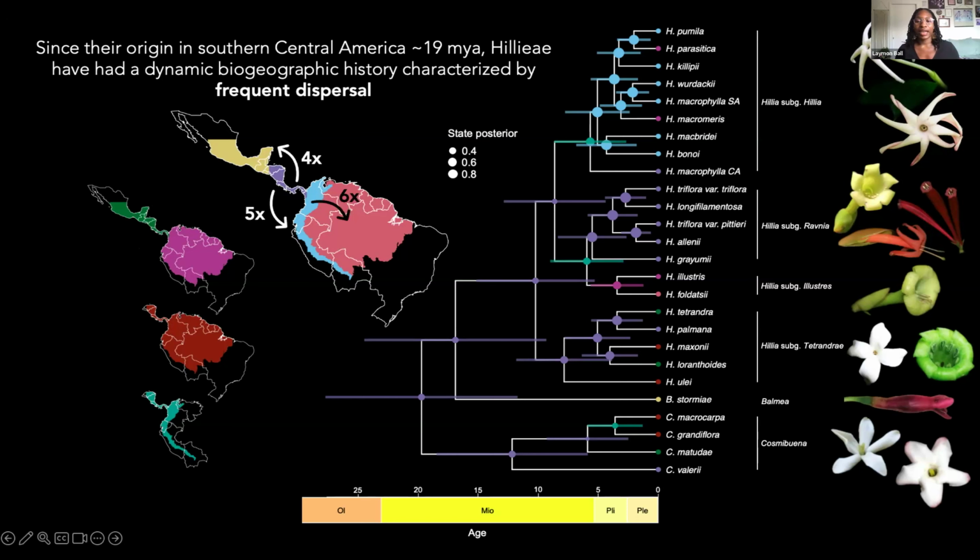And since then, they have had this pretty dynamic biogeographic history characterized by frequent dispersal between Central and South America. And so altogether, there have been 4 independent dispersals from Southern Central America to Northern Central America, 5 from Southern Central America into the Andes, and then 6 from the Andes into the Amazon. And then once a lineage left from Southern Central America, we didn't see it return there.